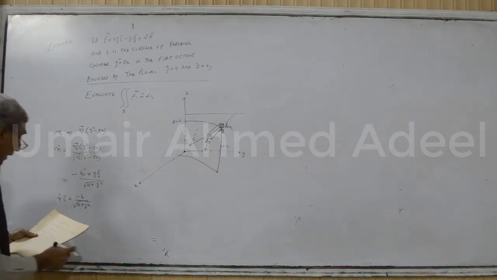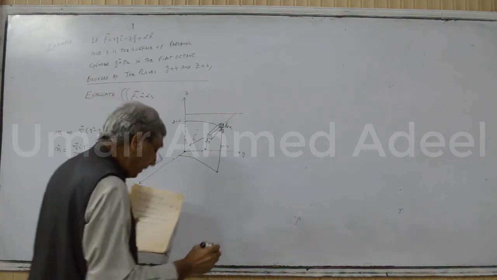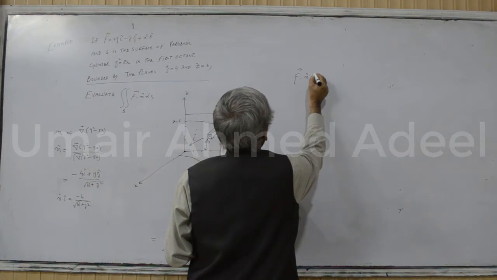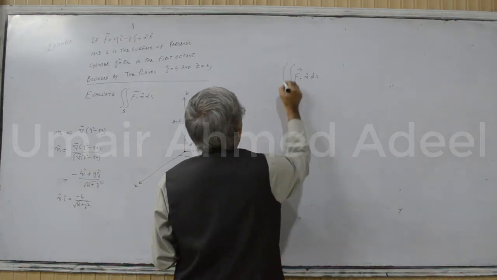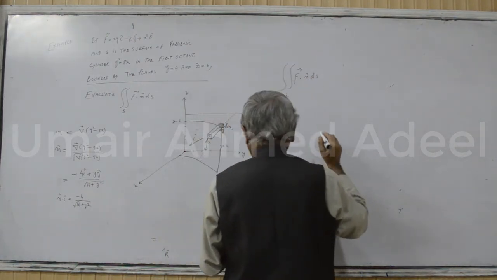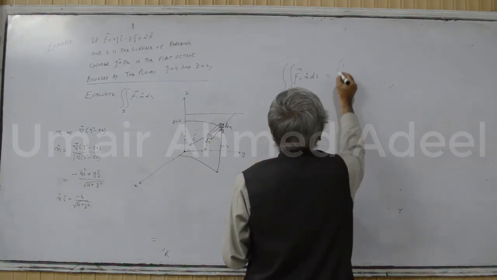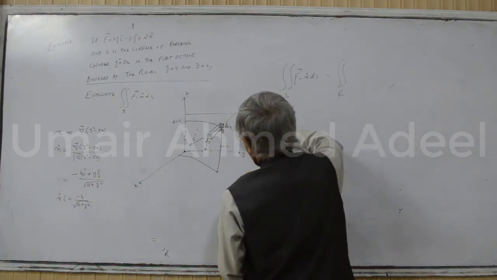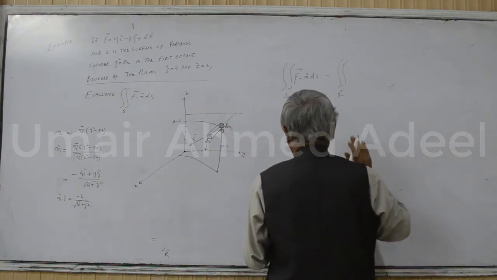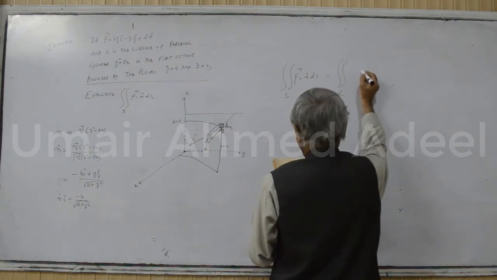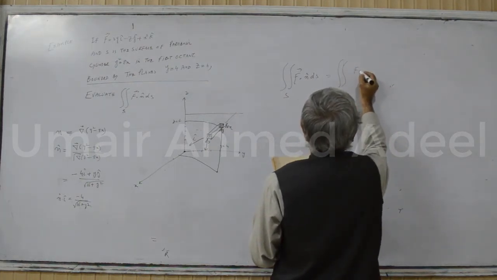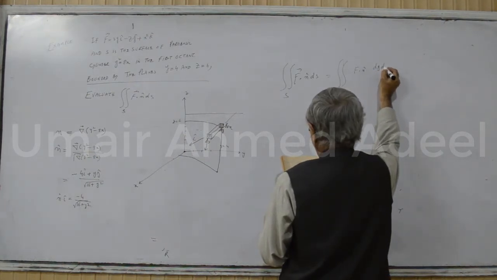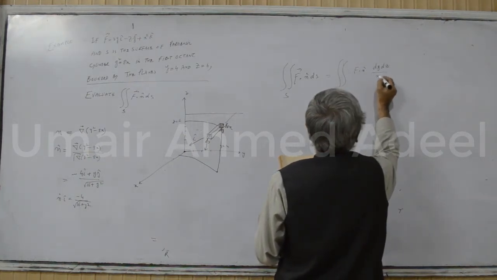And then you will calculate the surface integral of F dot n dS. That will be equal to the integral over region R. Region R is in the plane x equal to 0, and therefore it is F dot n dy dz over n dot i.